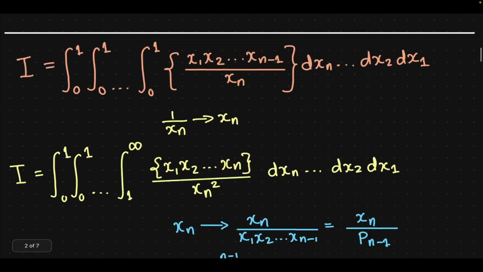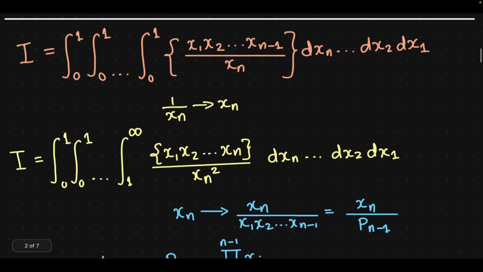First of all, let me define the integral. It's I, an n-dimensional integral, so it has n nested integrals in it. And the region we are integrating over is actually the n-dimensional equivalent of a unit square, because all the lengths are 0 to 1.